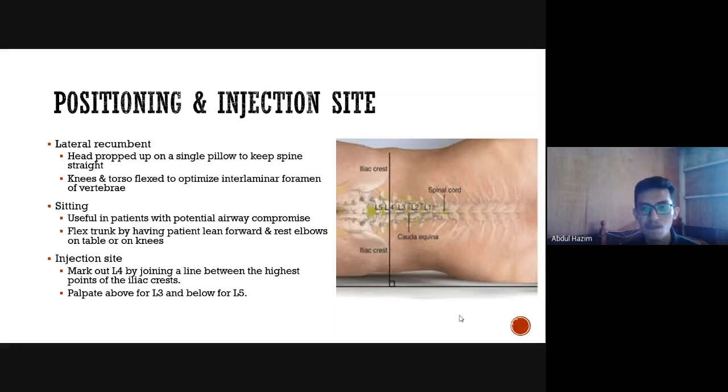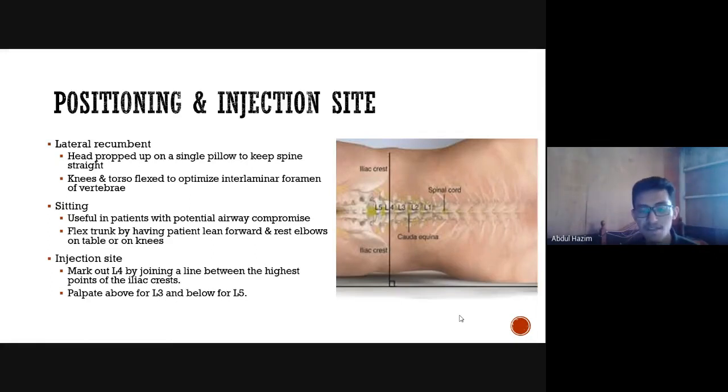The trunk is flexed by having the patient lean forward and rest the elbows on the table or on their knees. And for the puncture site, we can mark out the L4 level by joining an imaginary line between the superior aspects of the iliac crests, as shown in the picture.